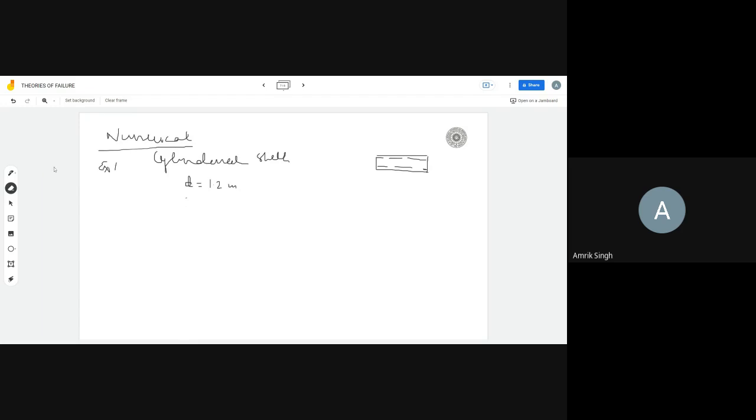Dia is given, and it is subjected to the internal pressure P. So let me draw this more clearly.